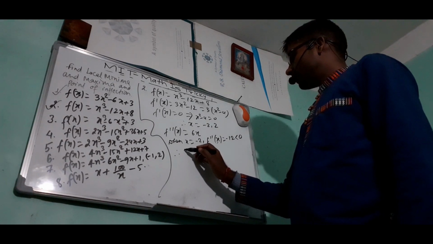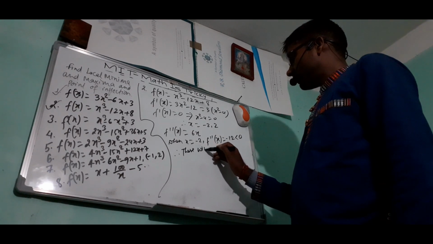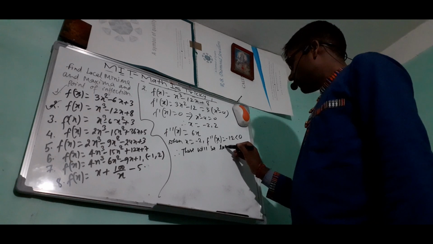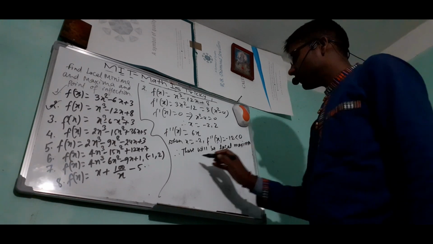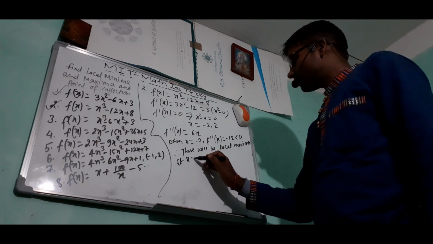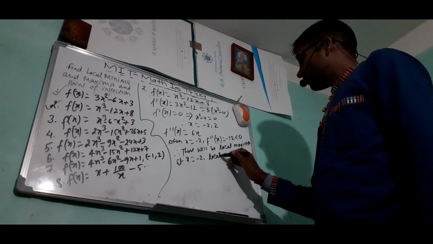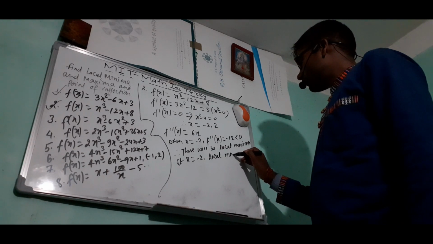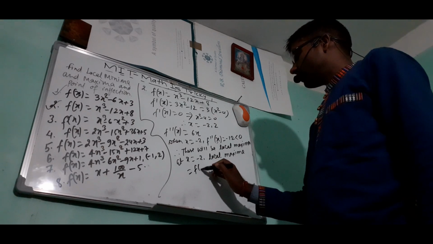Therefore there will be a local maxima at x equals minus 2, and the value of the local maxima equals f of minus 2.